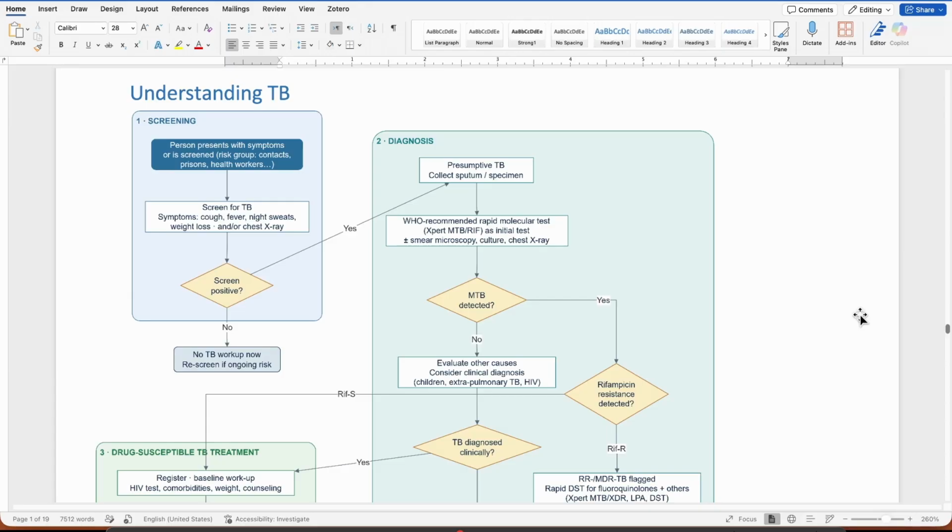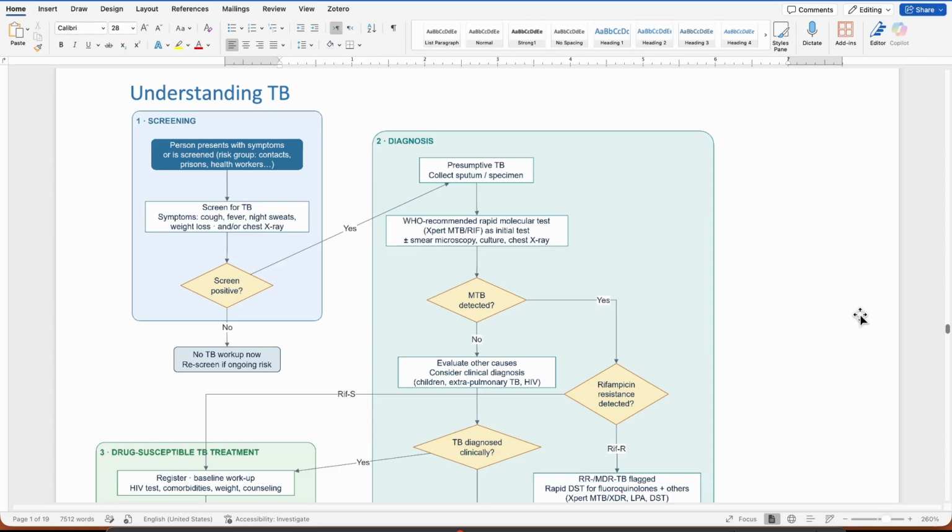Now, there are basically 3 stages in any TB program. First one is screening, then there's diagnosis, and then there's treatment. Screening is when you look for certain symptoms and identify whether this person who is being screened is in a risk group.